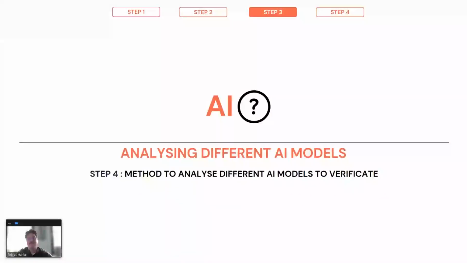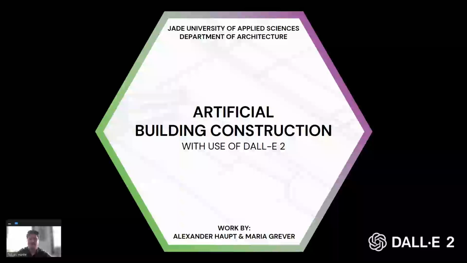To explain this method in more detail, here's an overview of two case studies. In the first case study, DALL-E 2 was used to investigate if AI can generate structural details. The aim of the case study was to find out whether the use of DALL-E 2 can accelerate and optimize the work process.